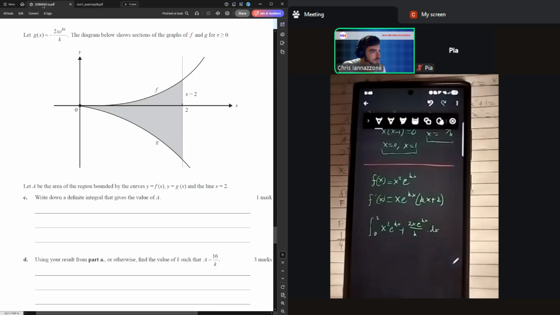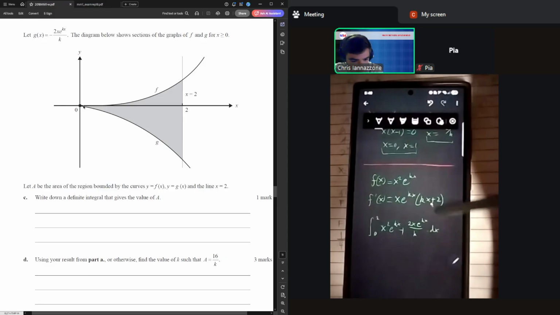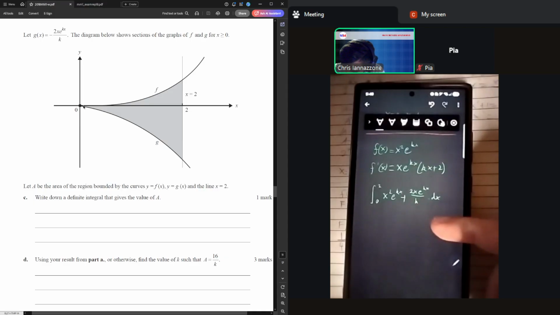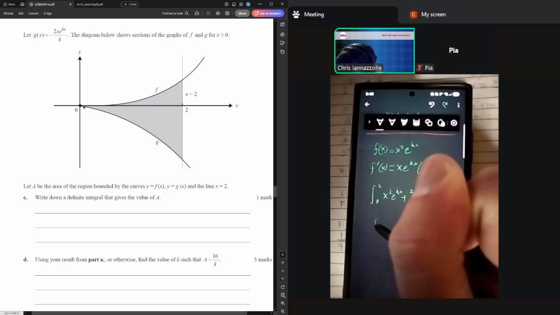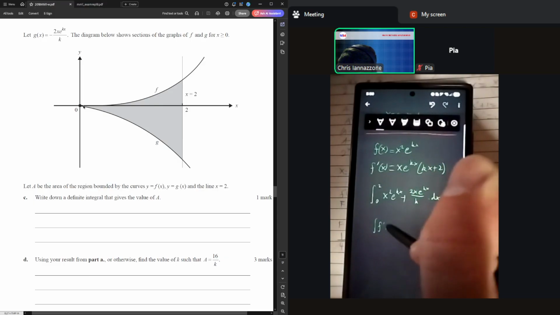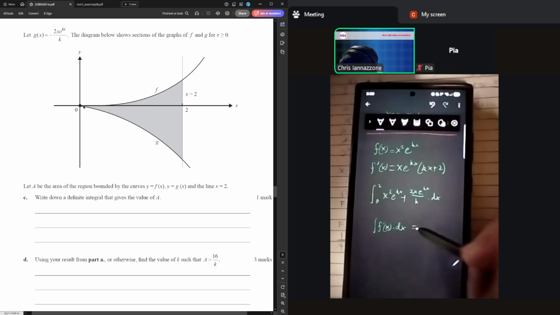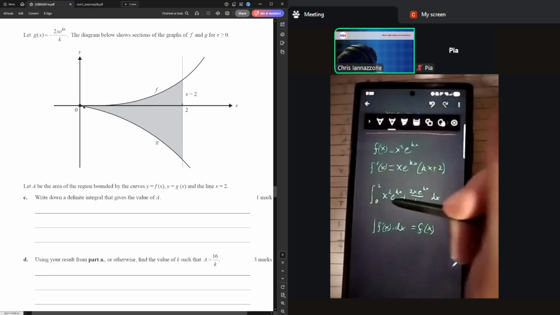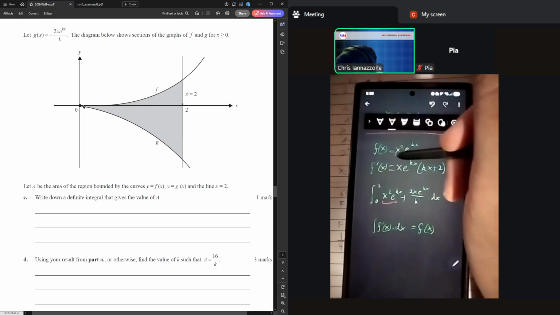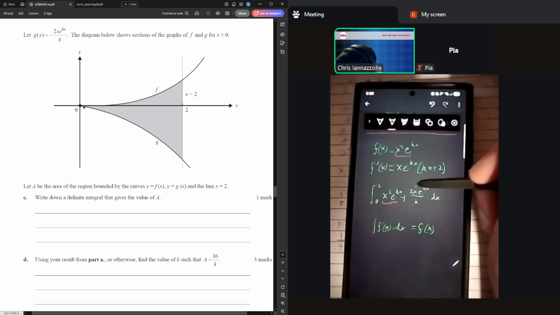Okay, so this is the integration by recognition thing, which is if you have f and f dash, the relationship between them, then you make use of the fact that the integral of f dash is always f. What you might notice is the similarity of the terms x squared ekx, x squared ekx, x ekx, x ekx.